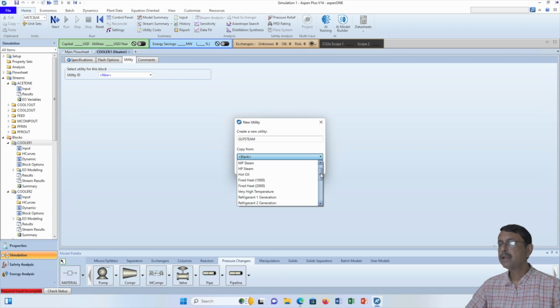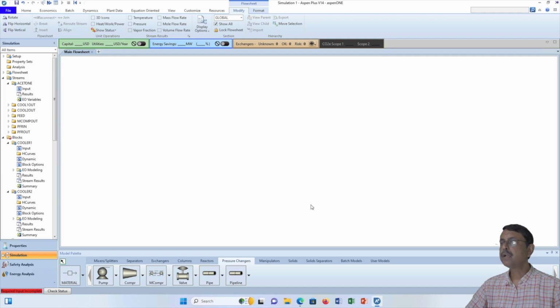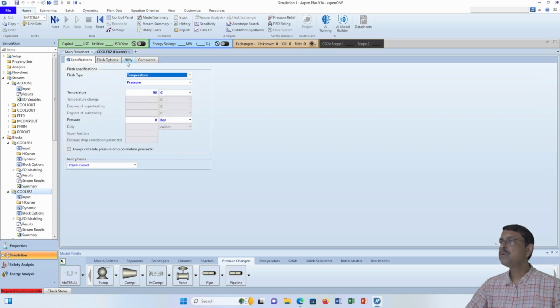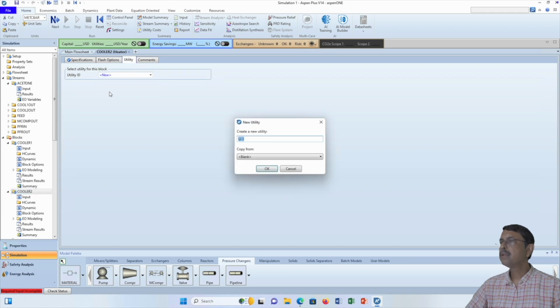Then open cooler 2, go to utility, and here also a new utility, it is air, and we have to choose air, this one. Okay.